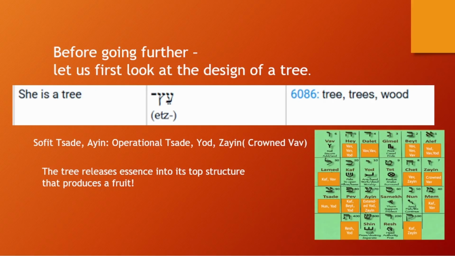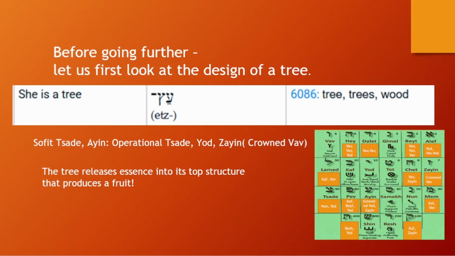If we analyze it, looking at the bottom, it is ayen sufit tzade. If I now analyze ayen and sufit tzade, I can write the following: a crowned vav, a yod, an operational tzade.